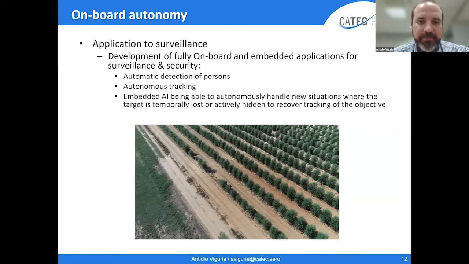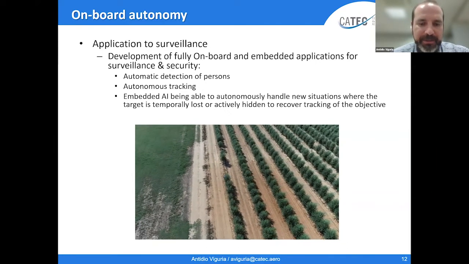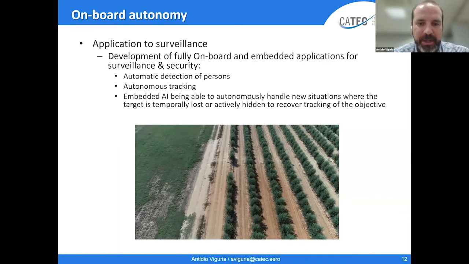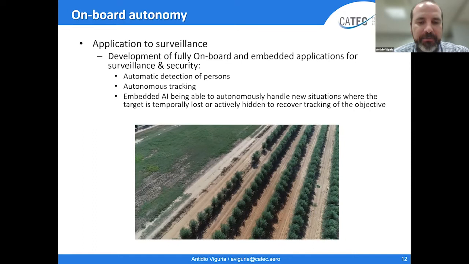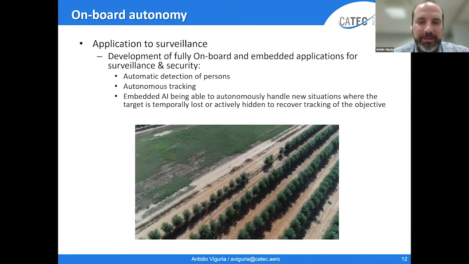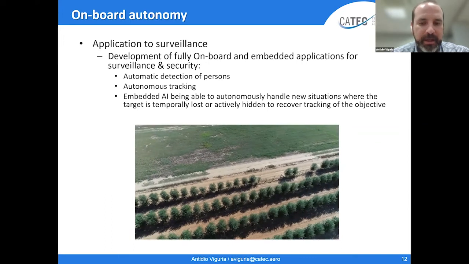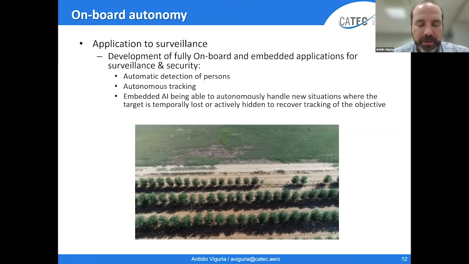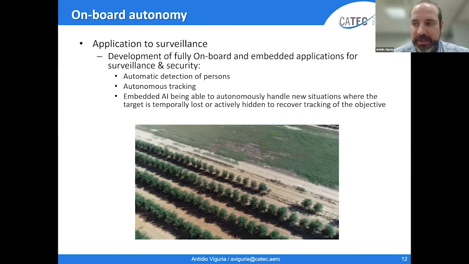This kind of decision making, this kind of onboard autonomy, even more complex than these ones for different applications, will allow UAVs that can respond faster, that can respond to uncertainty in the environment, and can also be used to increase the efficiency of these tasks as well.